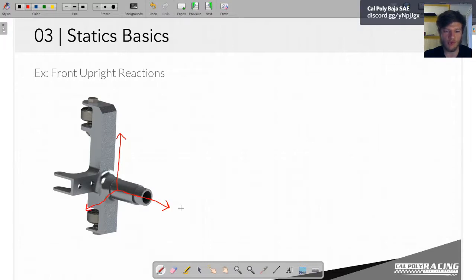And then we've got moments in each of those directions too. So the first thing I'm going to do is label our coordinate systems. We'll call this, I believe on the car.